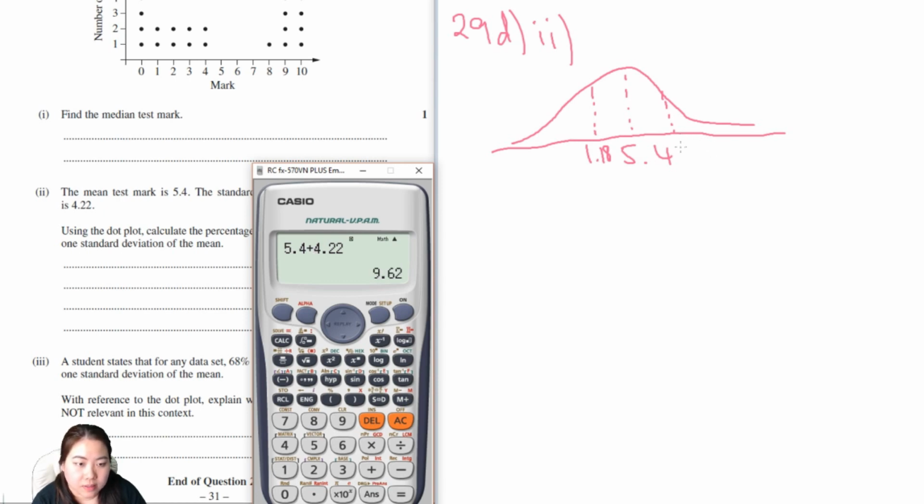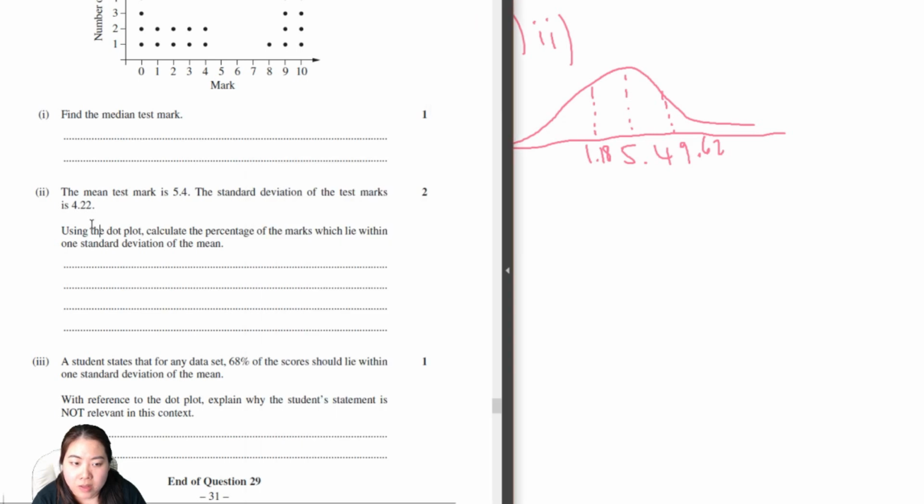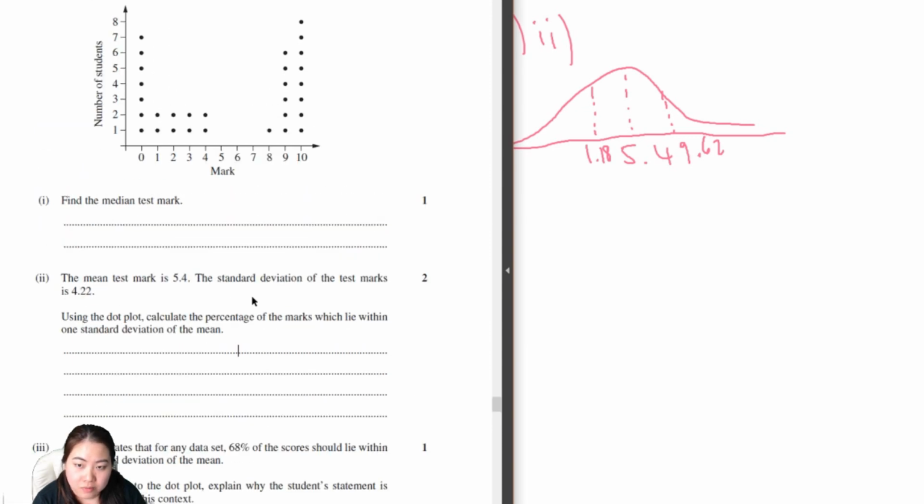And 1 standard deviation above would be 9.62. Then we just have to find all of the marks that are in between that and then find the percentage.